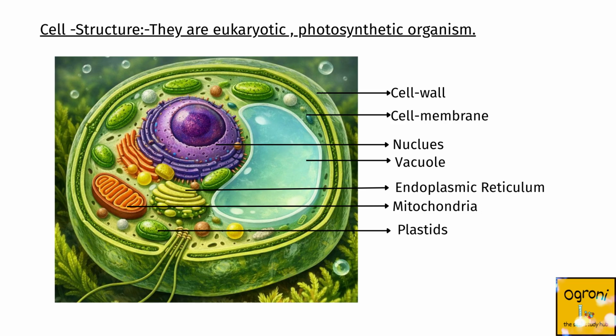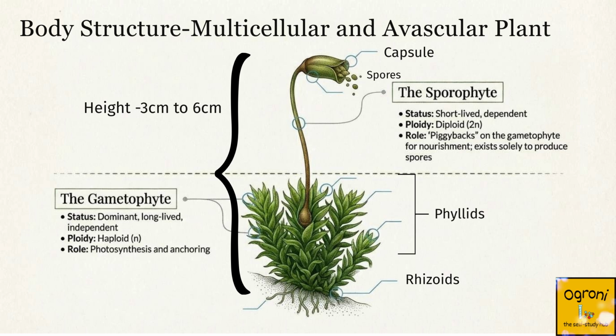Cell structure. Bryophytes are eukaryotic photosynthetic organisms. Body structure. Bryophytes are multicellular plants. Their height ranges from 3 to 6 centimeters and they are avascular plants.